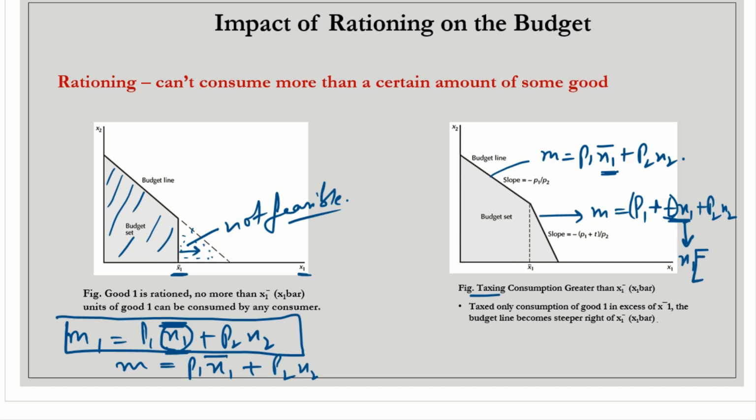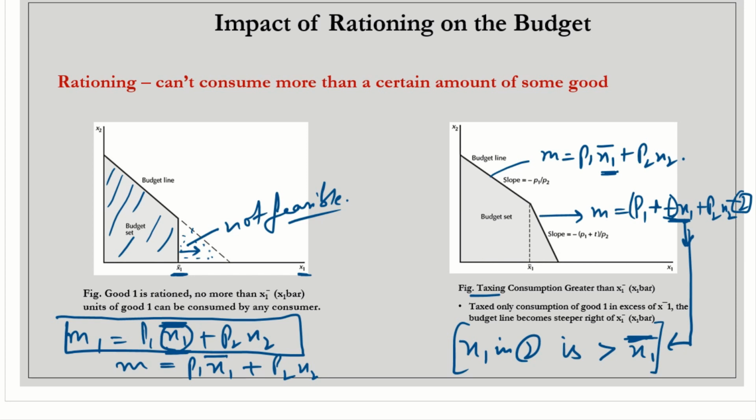The x1 in this second equation is greater than x1 bar. This is the range. Any quantity of good x1 greater than x1 bar is going to be charged a tax.